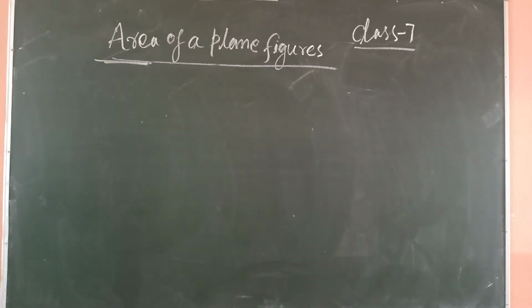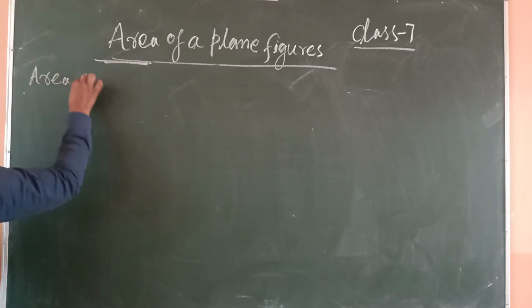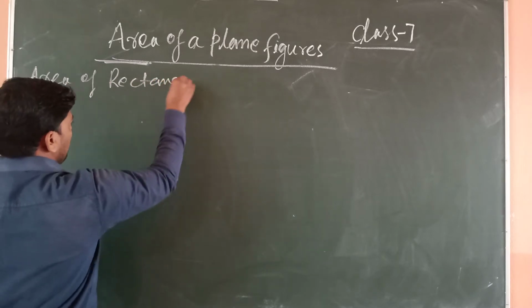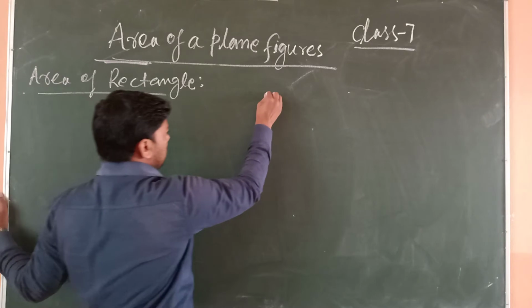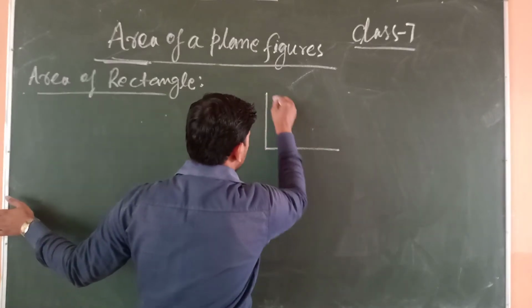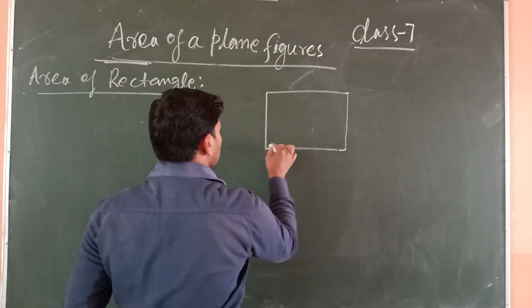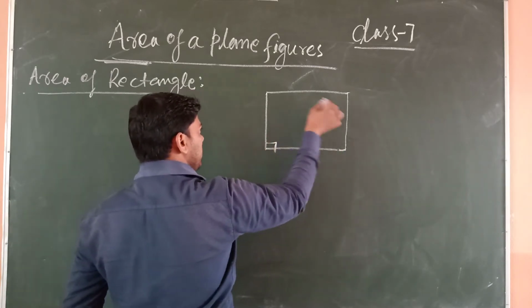The second topic is the area of a rectangle. A rectangle is also a plane figure. You know each angle is of 90 degree.